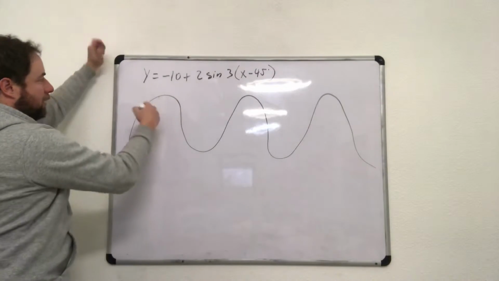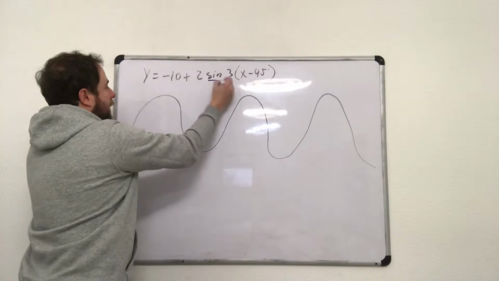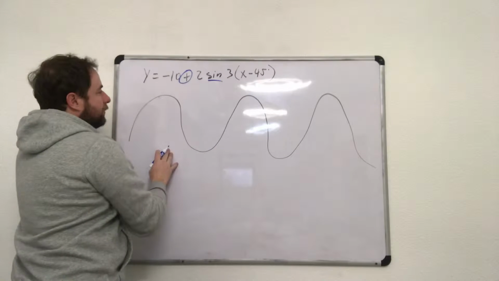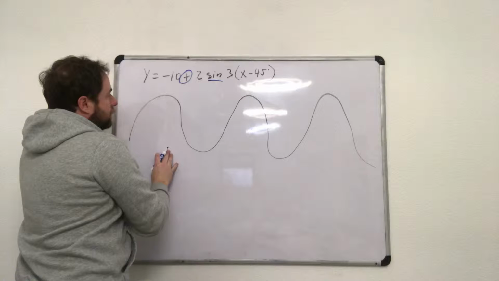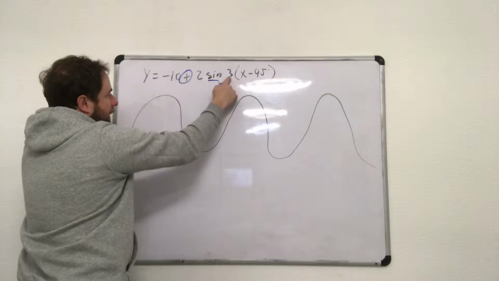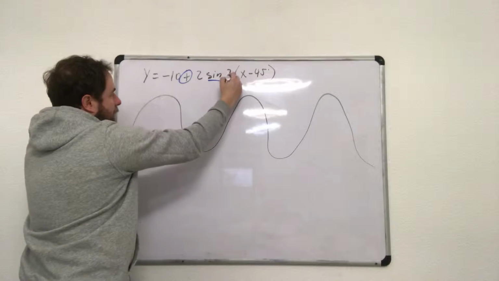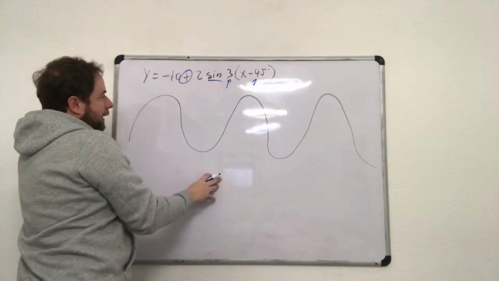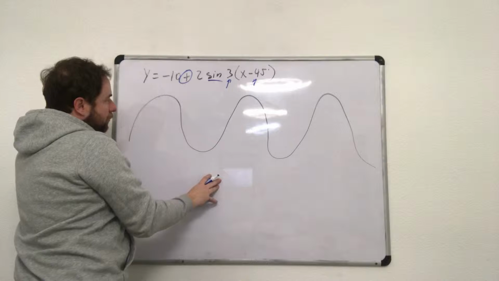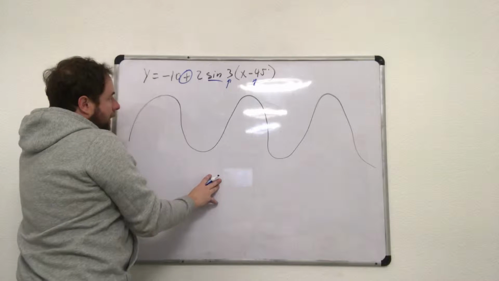Now, they give us y equals -10. First thing we need to find out, sine function, positive or negative. We will notice that it has a period of 3 and a phase shift of -45. So let's start with where to put the origin.